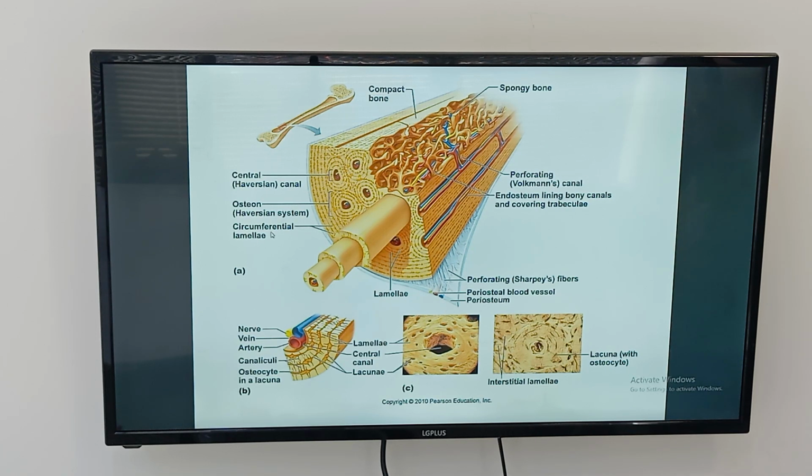The difference between circumferential lamellae and the lamellae is their position or location. This one is called circumferential because it's on the exterior or lateral part of the bone, and this one is the internal part. They have the same function and the same composition. They are just different in location.